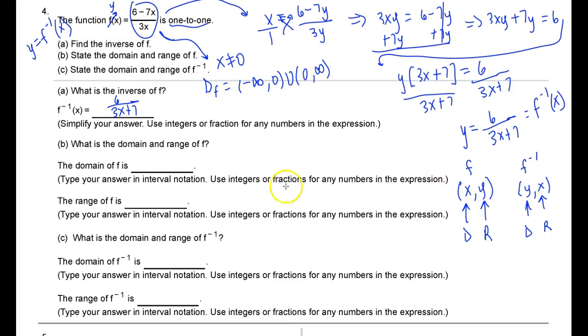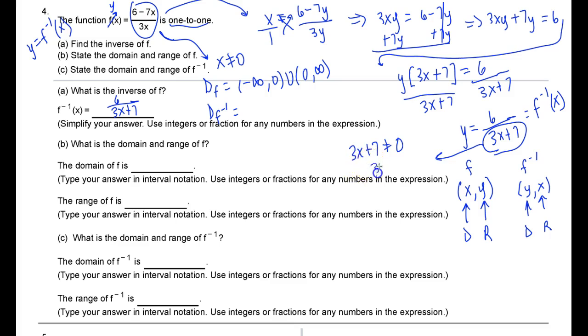If we look at our inverse function here, we know that the only restriction that we have on this function is that our denominator can't equal 0.